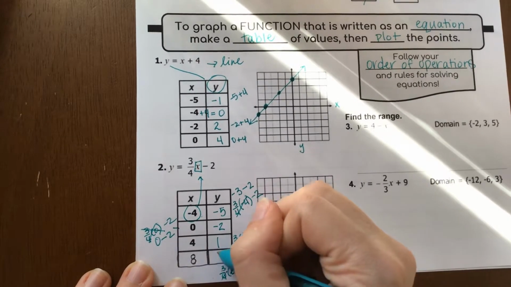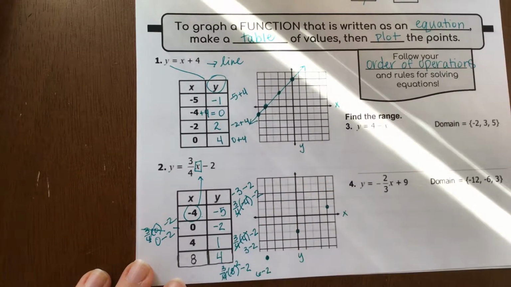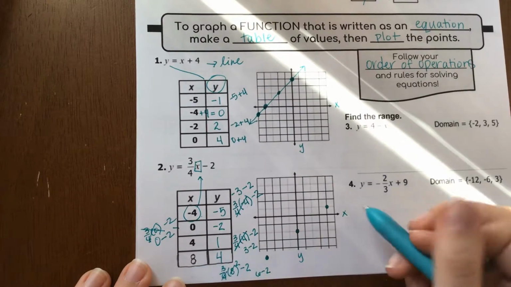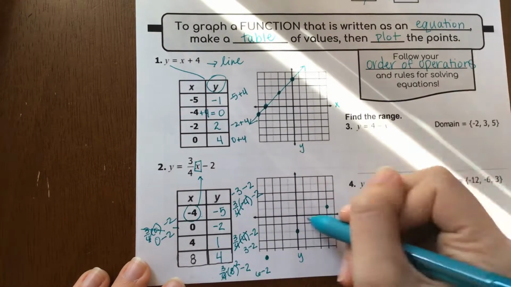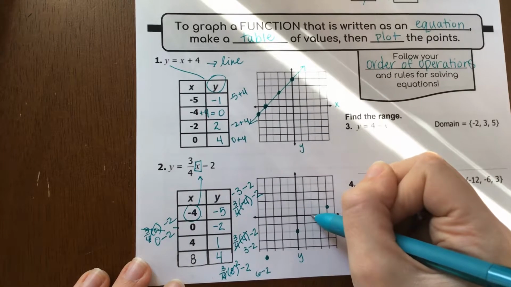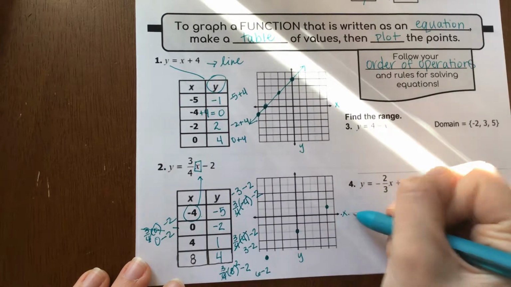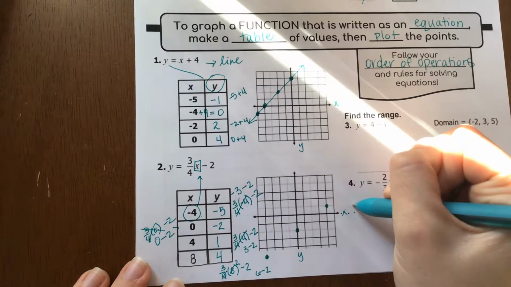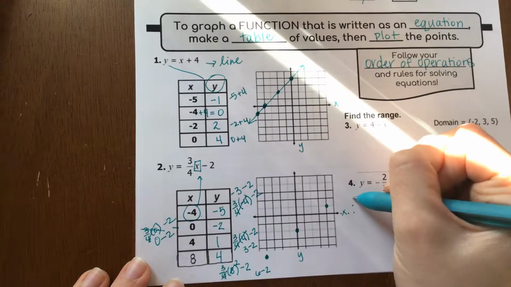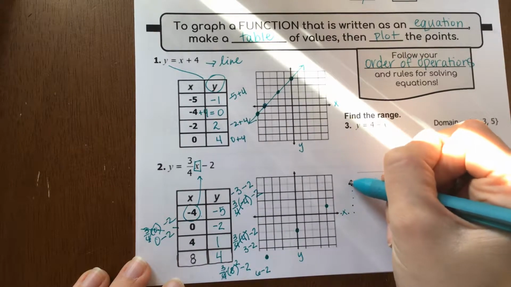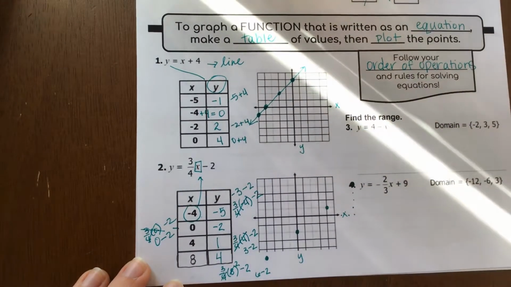And 6 minus 2 is 4. So (8, 4) is our last point, and that actually goes off our coordinate plane. So we're just going to approximate 2, 3, 4, 5, 6, 7, 8. And then up 4, 1, 2, 3, 4, so somewhere over there, right?